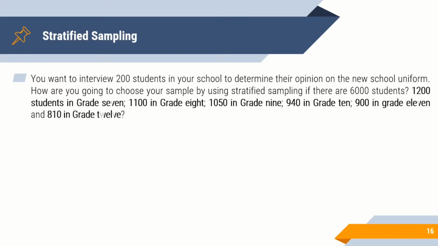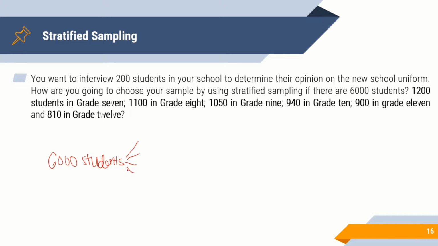The subgroups or strata are already given: 1,200 students in grade 7, 1,100 in grade 8, 1,050 in grade 9, 940 in grade 10, 900 in grade 11, and 810 in grade 12. So our population is 6,000 students, and we divide it by several strata.